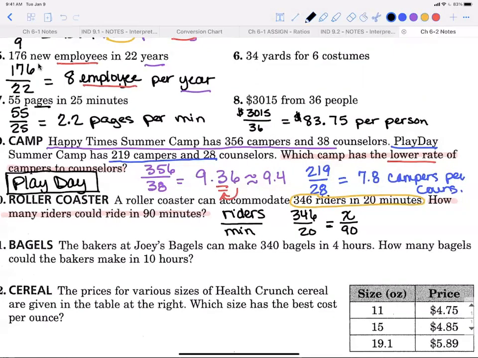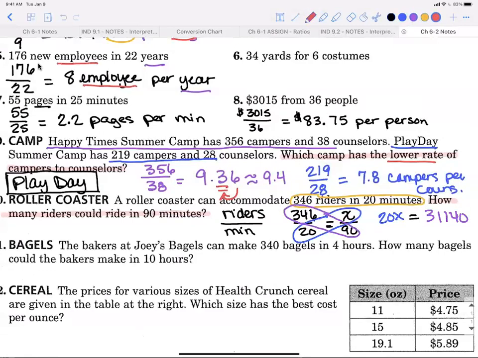This is where that butterfly effect comes in. You cross multiply to get 20x equals, cross multiply the other way, 346 times 90. That's a big number, but that's okay. 31140.